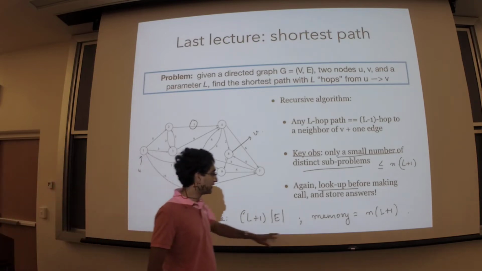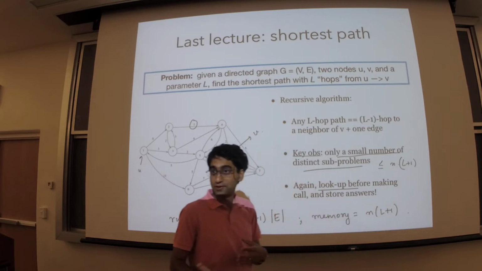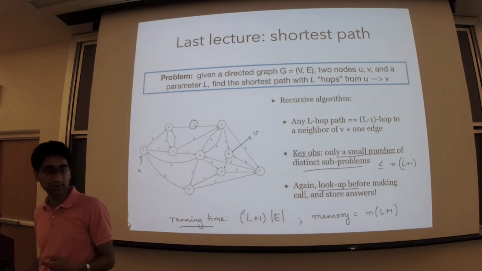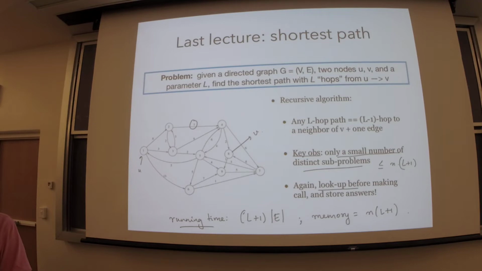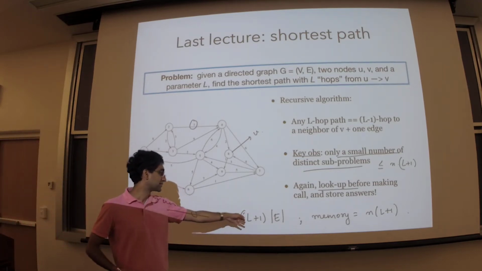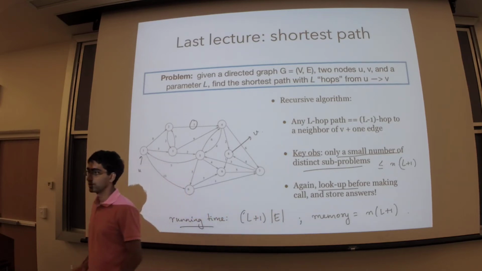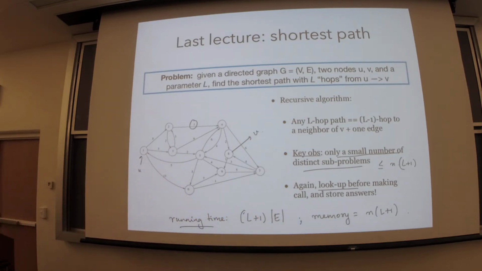Note that I've always written the memory as n times L plus 1. This is because these are the number of subproblems, and we are storing the answers to every possible subproblem. So that's why this is a memory requirement. It turns out that the running time is also quite similar, but it depends on the number of edges. The number of edges could be a little bit larger than the number of vertices, but it's still polynomial.